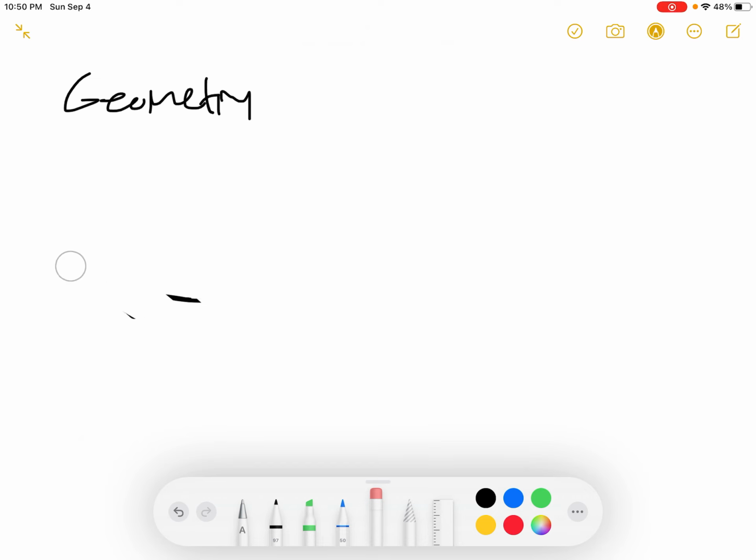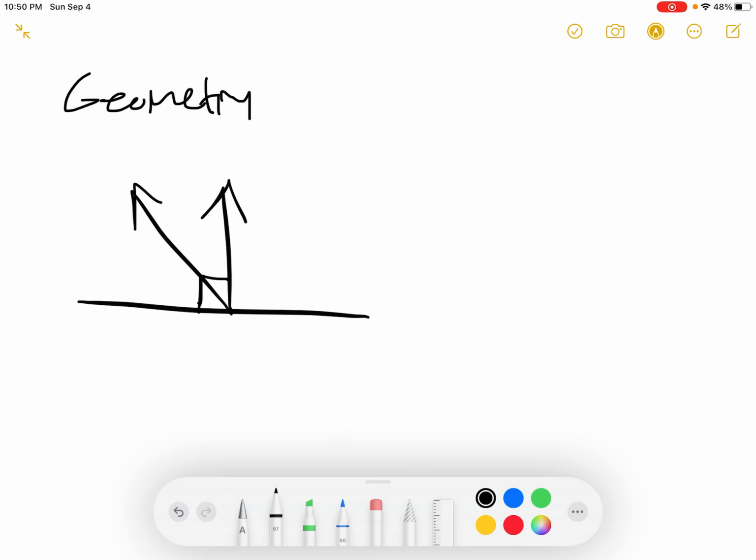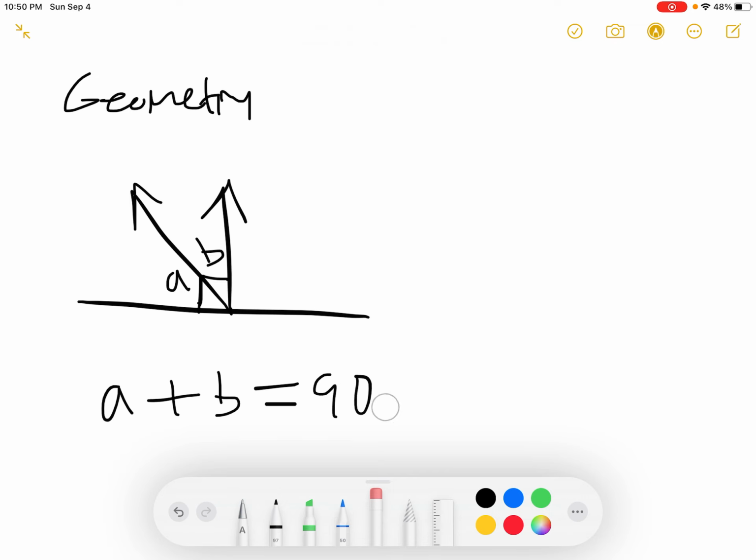Now, there's another thing. If you have something like this, you know this is a right angle. So then you have A and B again. Well, A and B, they're going to have to equal 90. That is complementary angles.